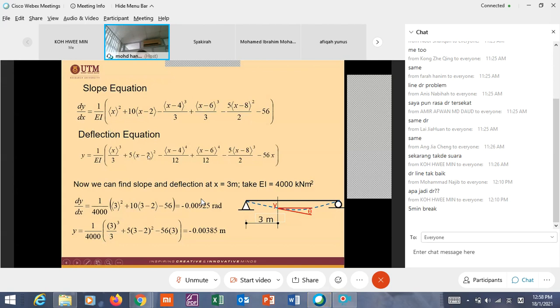3 minus 2 positive, okay, here. 3 minus 4 negative, cancel. 3 minus 6 negative, cancel. 3 minus 8 negative, cancel, neglect. So you have 5 times 3 minus 2, then minus 56 multiplied by 3.